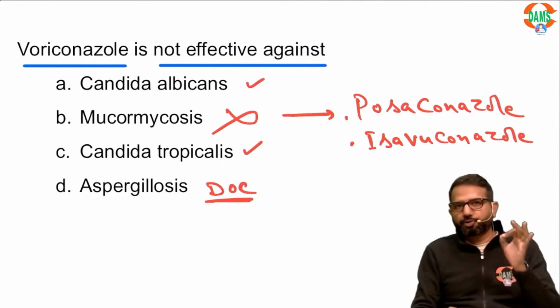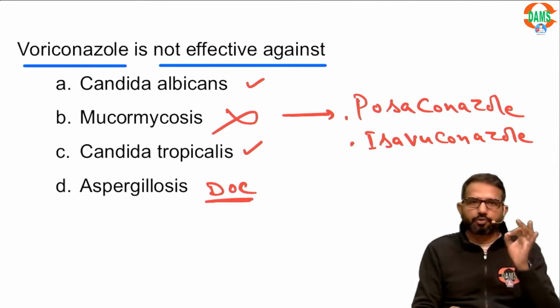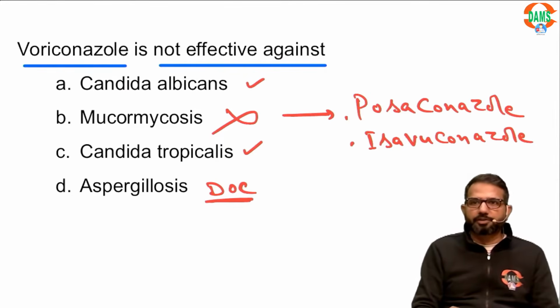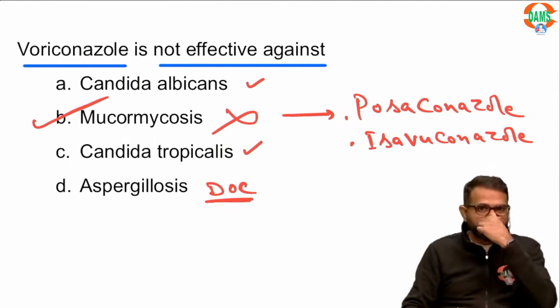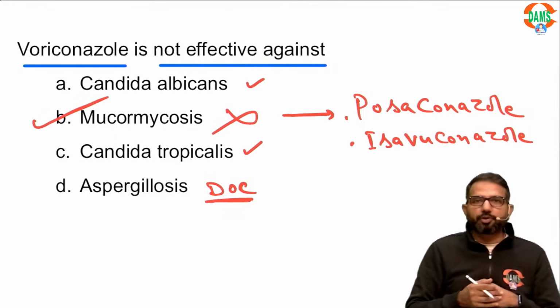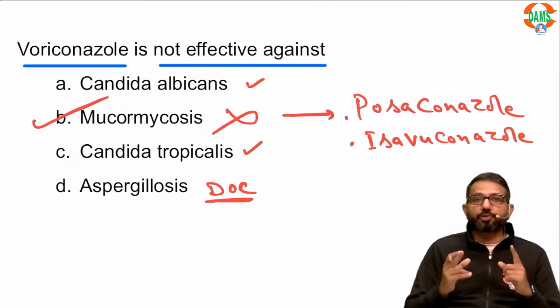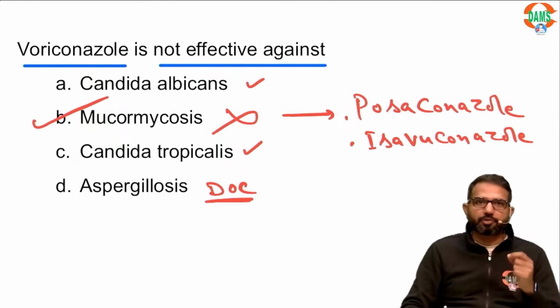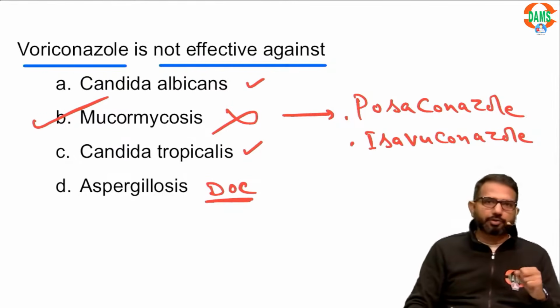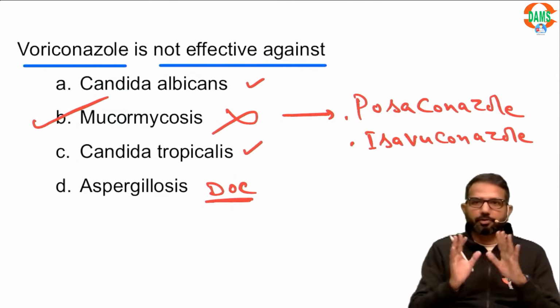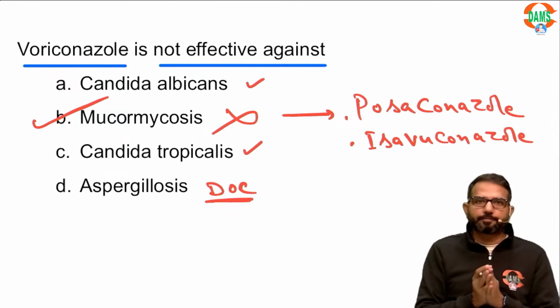The drug of choice for mucormycosis is liposomal amphotericin B. So the answer will be mucormycosis. Don't forget, liposomal amphotericin B. Voriconazole is not effective. Out of azoles, only these two can be used, but they are not the choice of drug.